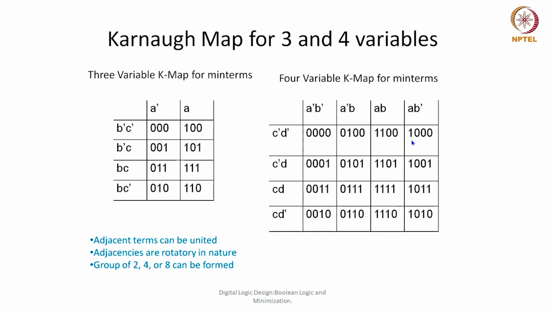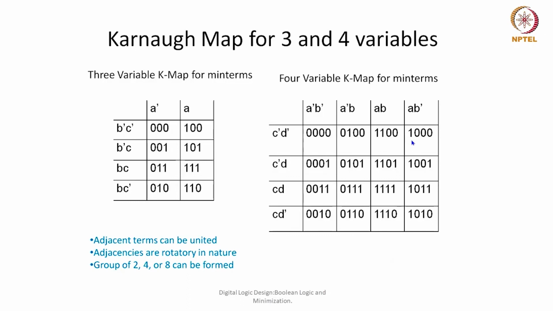Okay, so we'll see all of these K-maps with the help of a couple of examples, and for these examples I will use the writing pad so that you can also see how to solve them. That part would be seen in the next part. So this lecture would be divided into two different parts.